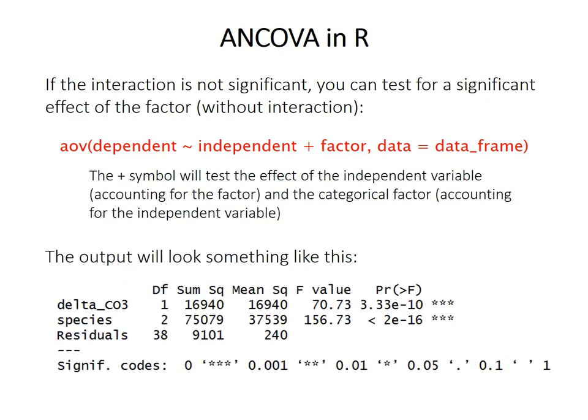And so the output will look the same, just we won't have the interaction line here because we didn't test for it. And so in this case, we want to read the data from the line for the factor variable, which is species. And so the format for the F statistic and the degrees of freedom and the p-value are the same. And those three pieces of information are the key things that you should use when you're summarizing your results in writing.